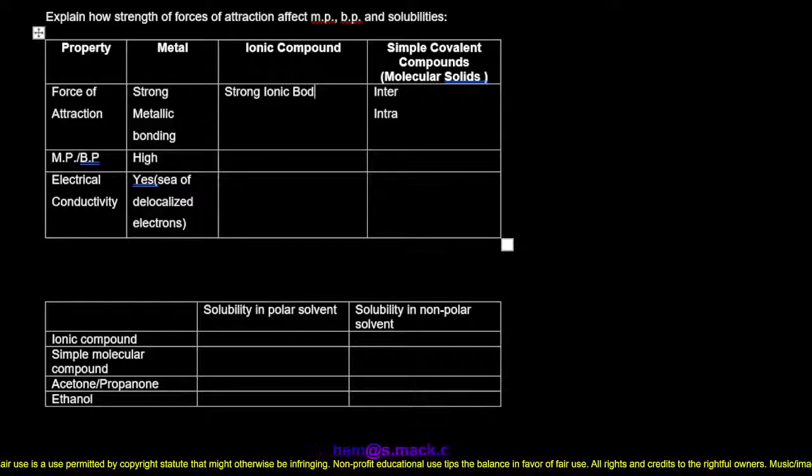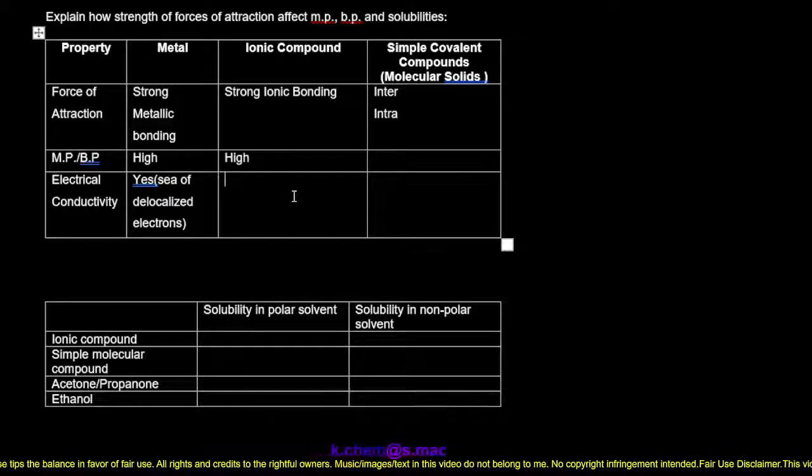These ionic bonds are a result of electrostatic forces of attraction between cations and anions. Because ionic bonding is considered to be a strong force of attraction, ionic compounds also have high melting points and boiling points. A lot of heat energy is required to break these bonds.